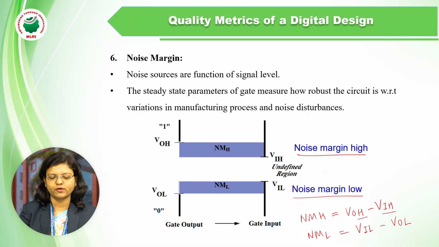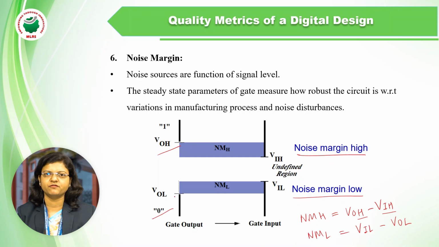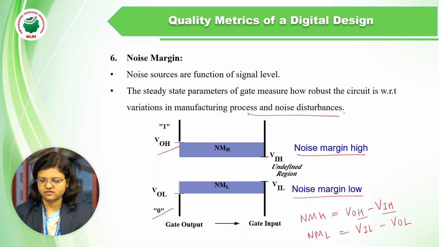Basically, we represent the high output voltage by 1, and VOL we represent by 0. So the steady state parameters of the gate measure how robust the circuit is with respect to variations in the manufacturing process as well as noise disturbances.